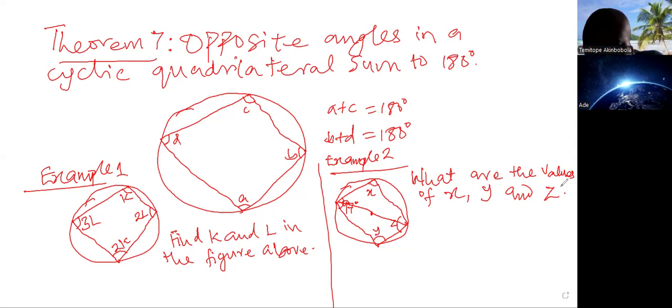What are the values? Is Z 83? Correct. Let's see. Need to find X and Y.